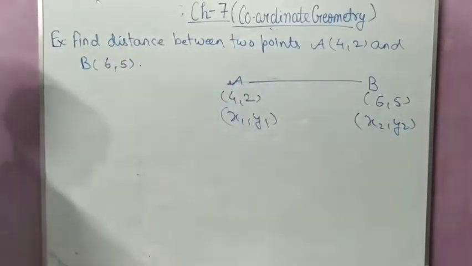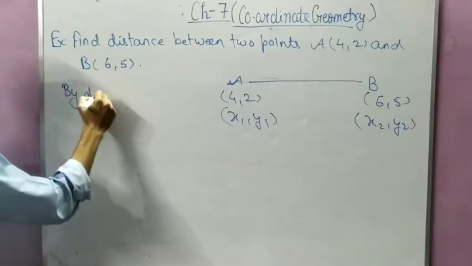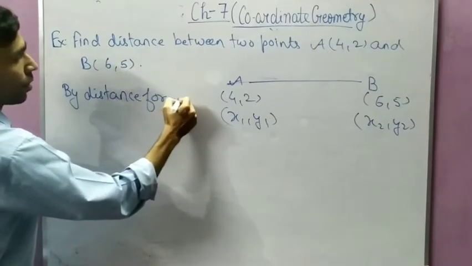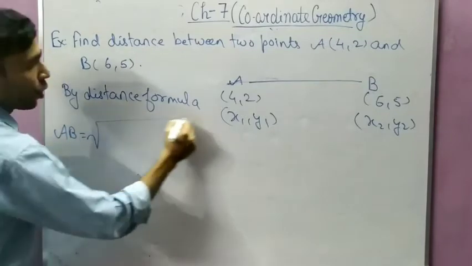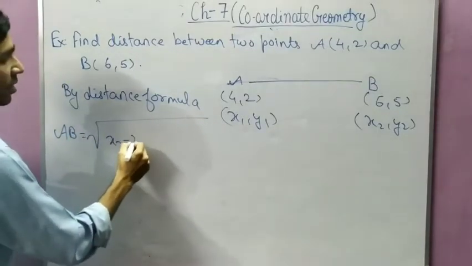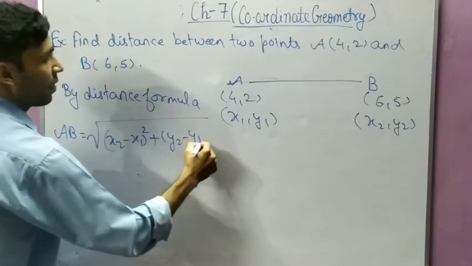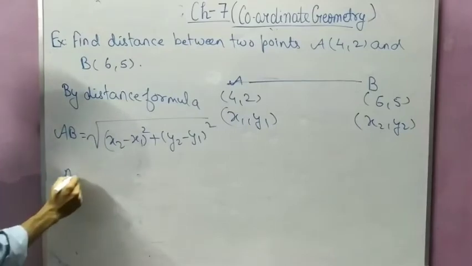By the distance formula, the AB will be under root (x2 minus x1) square plus (y2 minus y1) square. Now put all the values.